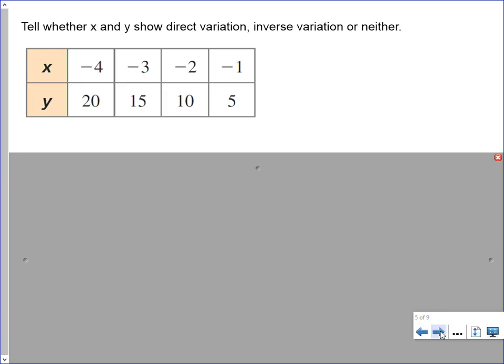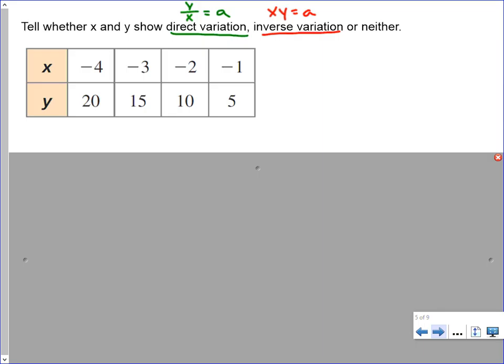If I'm presented with a table of values, the best thing I can do is think back to those definitions of direct and inverse. If it's direct variation, y over x equals a constant. If it's inverse variation, x times y equals a constant. And if neither of those things happen, we would label it as neither.